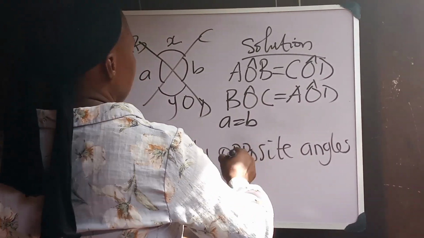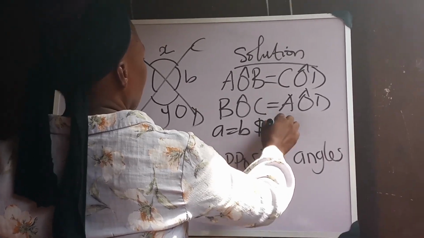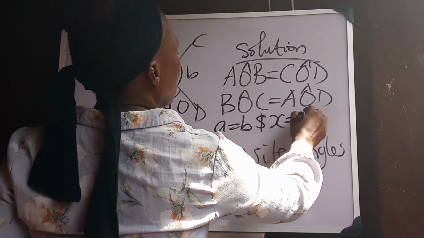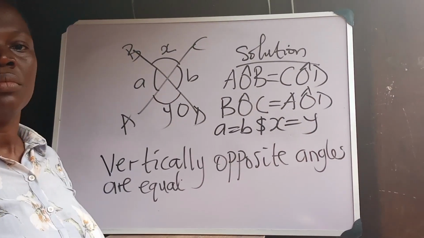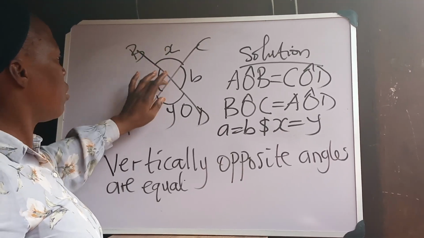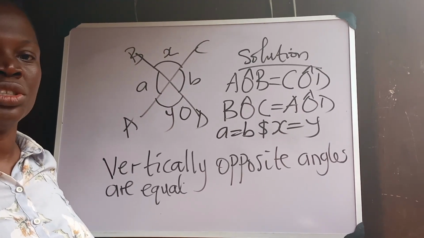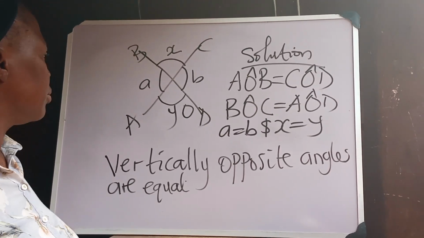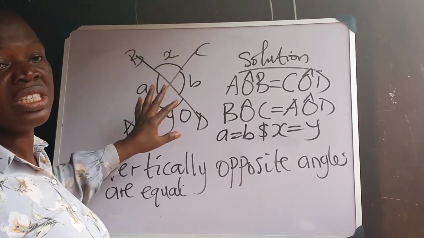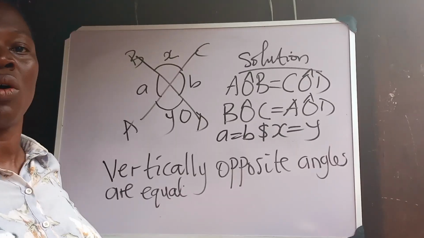And X equals Y. They are equal because they are vertically opposite to each other. So vertically opposite angles are equal.